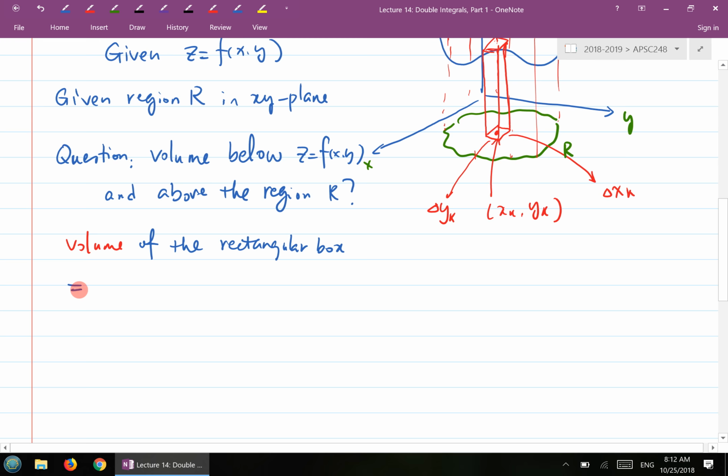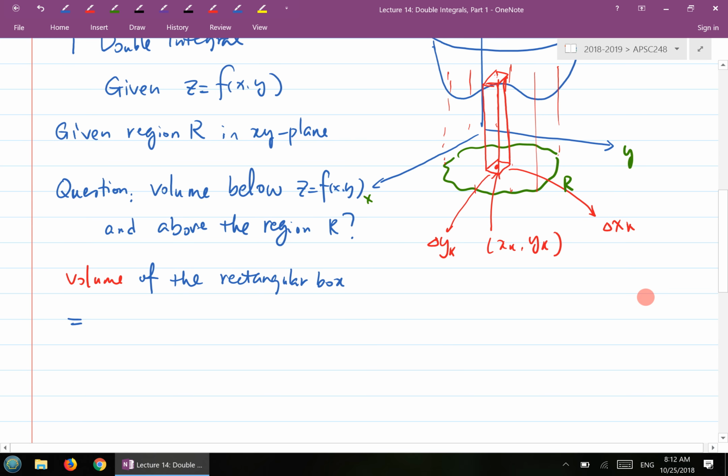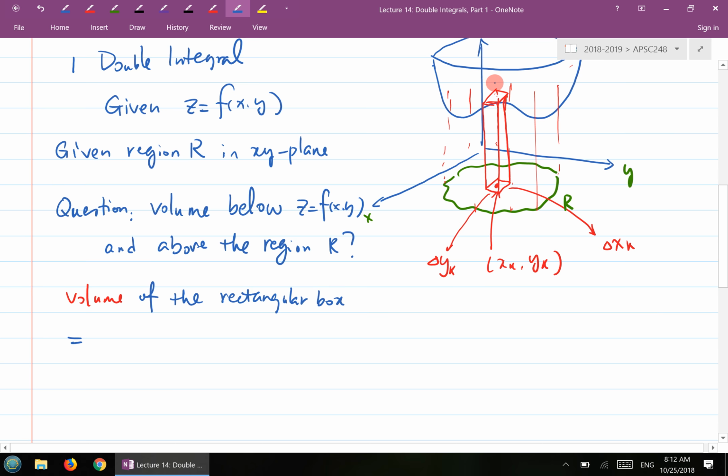It's not a perfect rectangle: the bottom is a rectangle, but the top is more or less a curved patch on the surface.